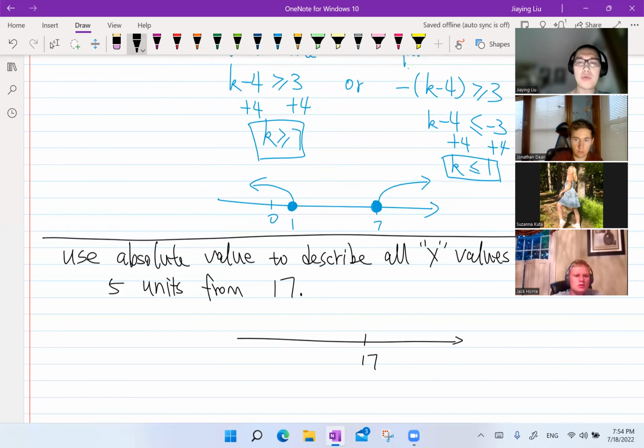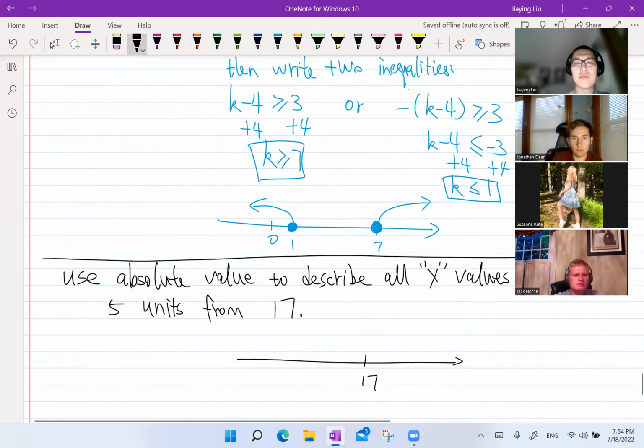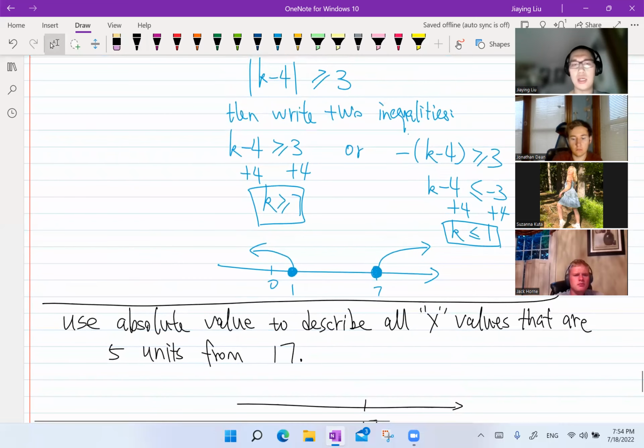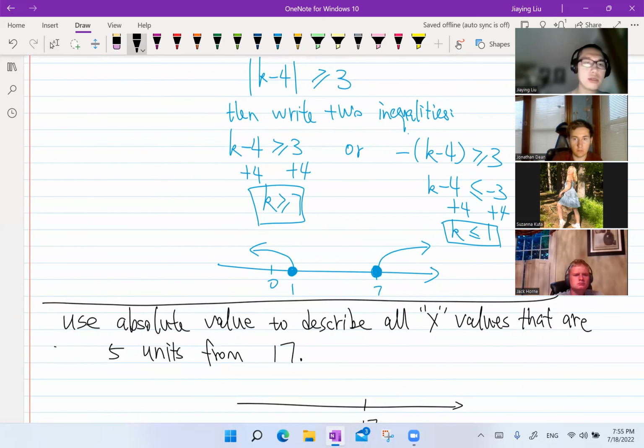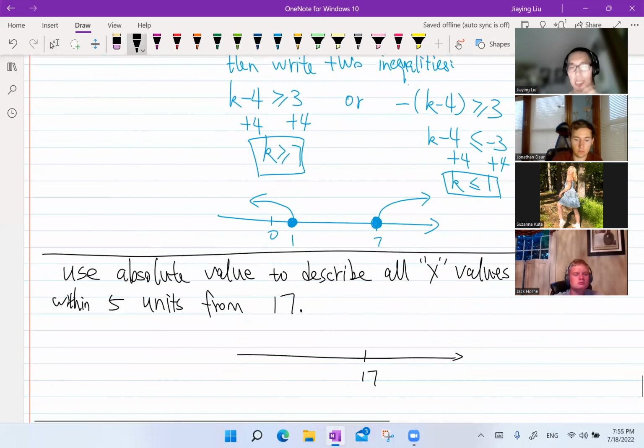And we want to describe all the x values that are within 5 units from 17, including 5 units. So we could go to this point, and at most, it's going to be within 5 units from 17.